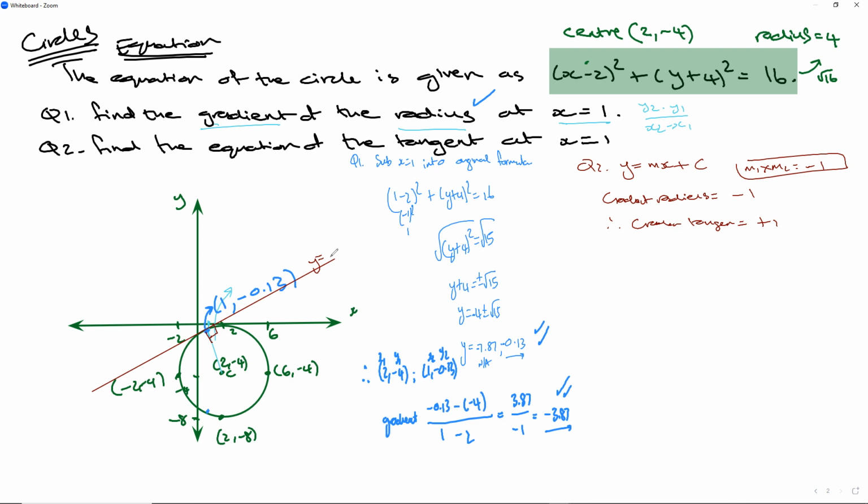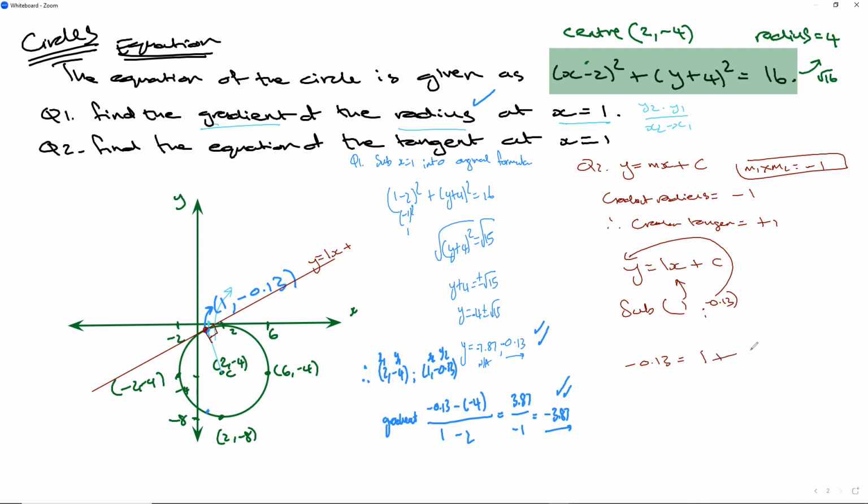So this is equal to positive 1x plus some c value. So y is equal to 1x plus c. And all I need to do now is substitute that point at which they meet over there, which is 1 and negative 0.13. So I'll put 1 in there, and I'll put negative 0.13 in there.